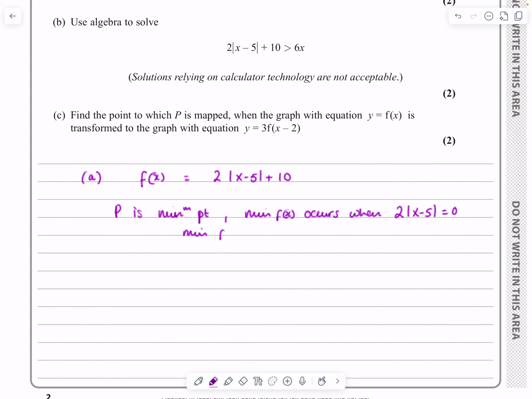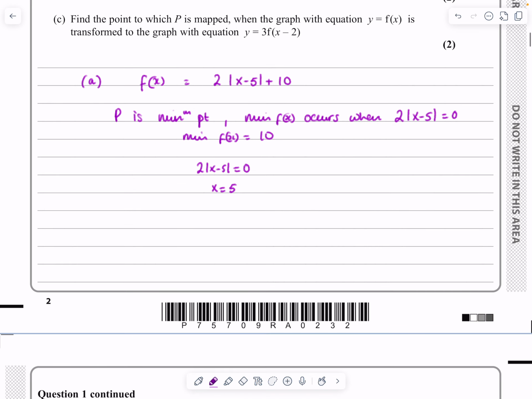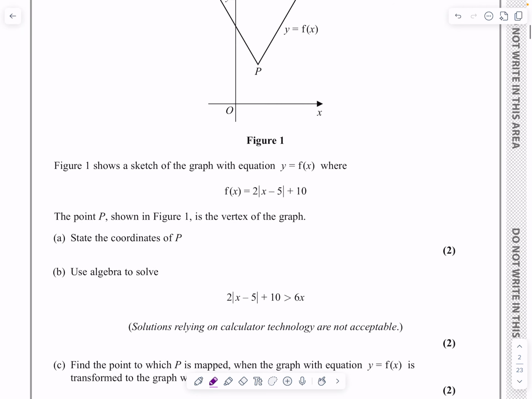Min f(x) will be 10. And if 2|x - 5| equals 0, x is equal to 5. So to clarify, P is the point (5, 10). Very straightforward for part A then.